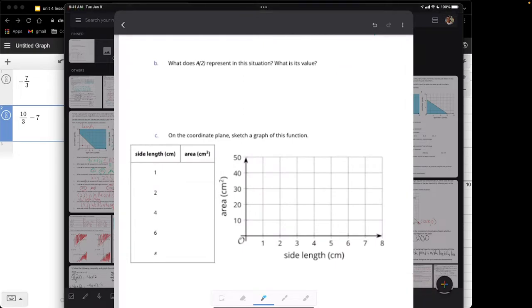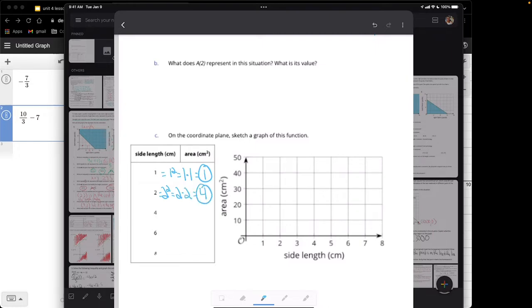So for a side length of 1, my area is going to be 1 squared, which is 1 times 1, which is 1. For a side length of 2, that's going to be 2 squared, which is 2 times 2, which is 4.